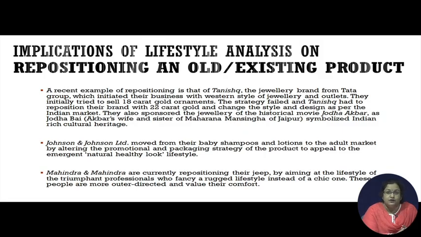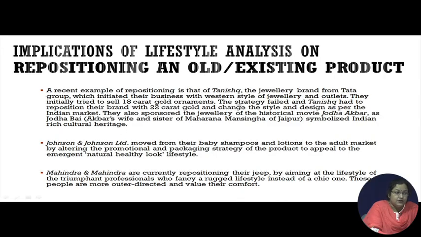They initially tried 18 karat gold ornaments, but they failed because Indians do not believe in 18 karat gold. They want 22 to 24 karat gold as pure gold for jewelry.